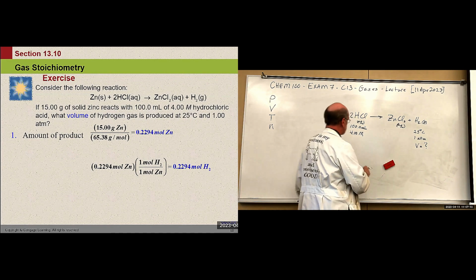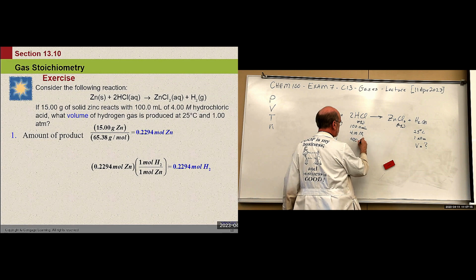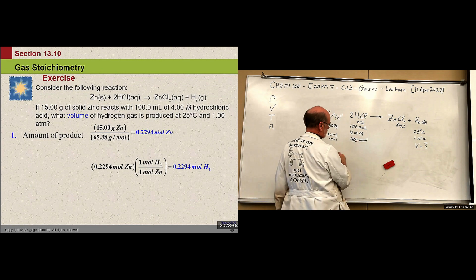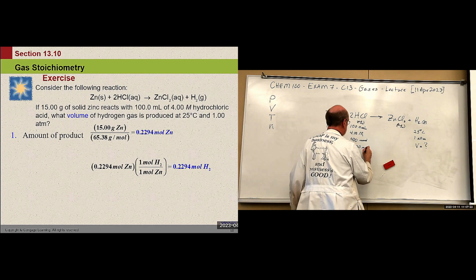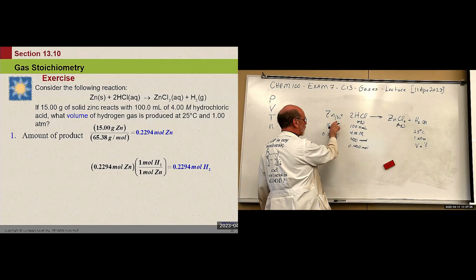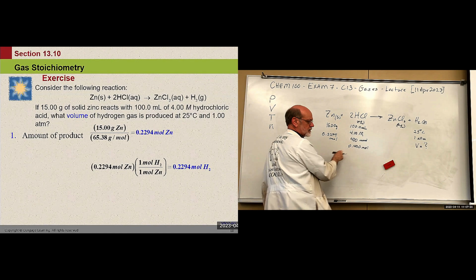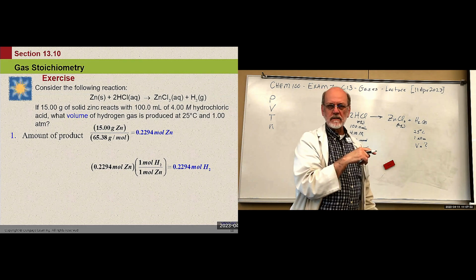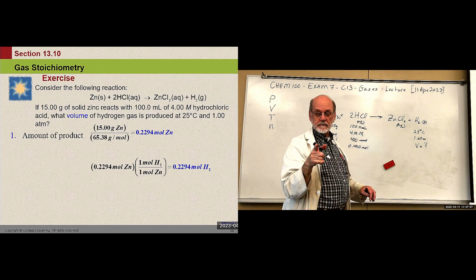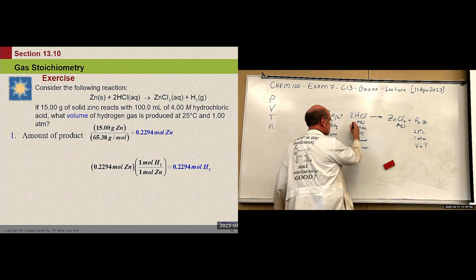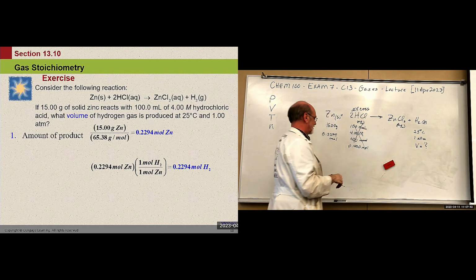Let's see if it is. 100 milliliters times 4 is 400 millimoles, or 0.400 moles. And for every one of these, there's 2 of those. This is limiting. Yeah, this is limiting, so that answer is wrong, only if this is in excess.